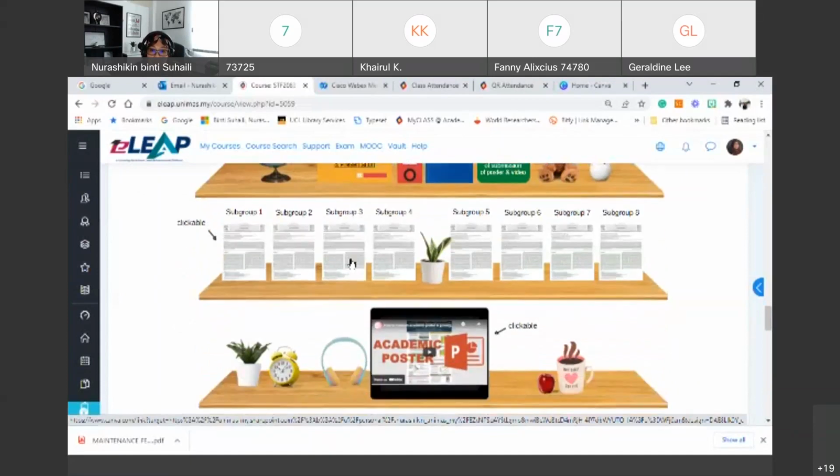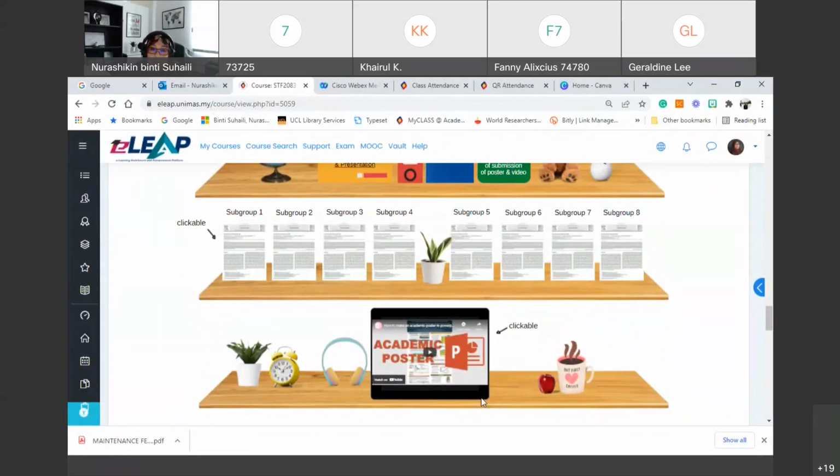And here is a video tutorial on how to prepare an academic poster using Microsoft PowerPoint. I think you just have to go through the video tutorial by yourself. I'm sure that you have used Microsoft PowerPoint before, so it's not something so new for you. It's just that you have to learn the format and the tips for creating the poster, because it's different from a normal presentation.